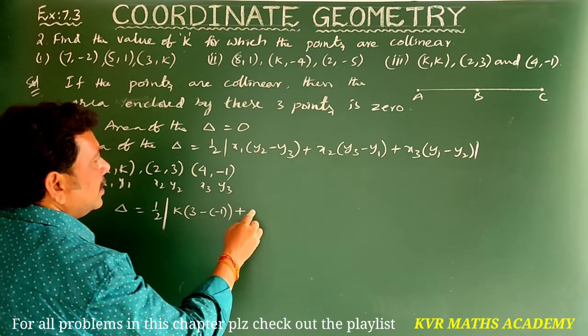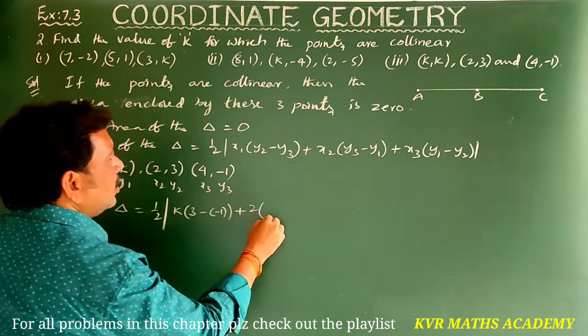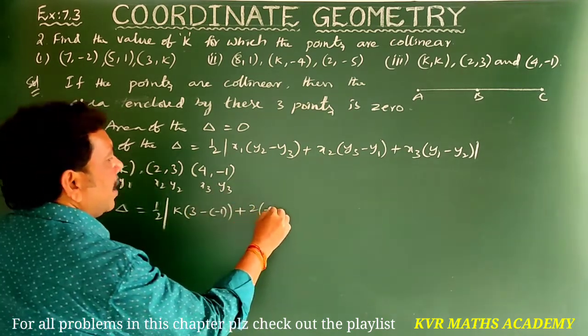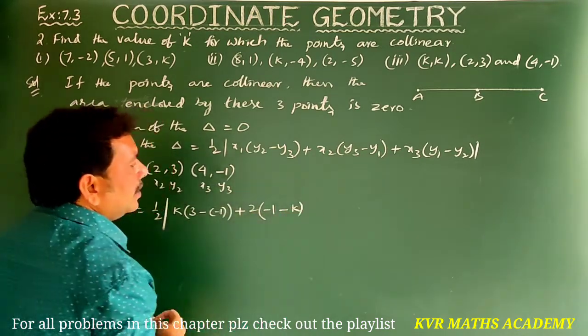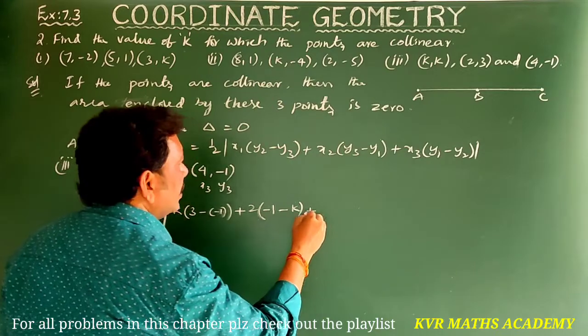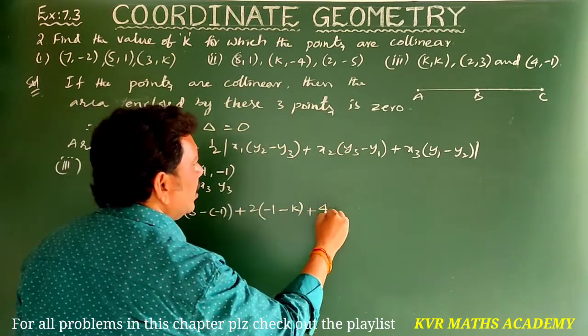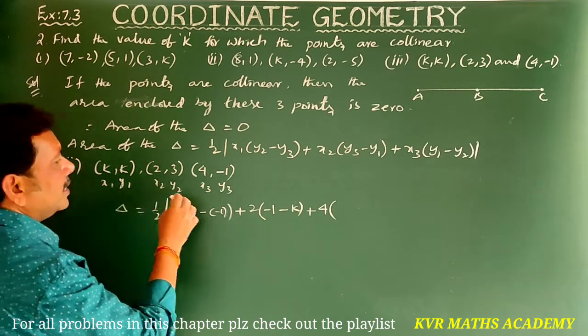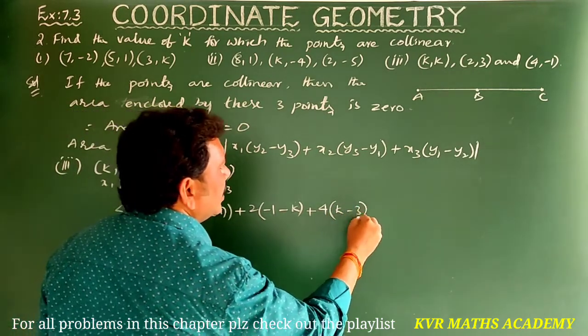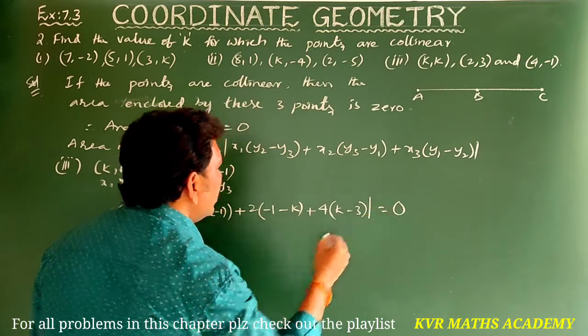Plus x2 into 2 into y3 minus y1, minus 1 minus k. Plus x3 into 4 into y1 minus y2, k minus 3. Yes, it should be equal to 0.